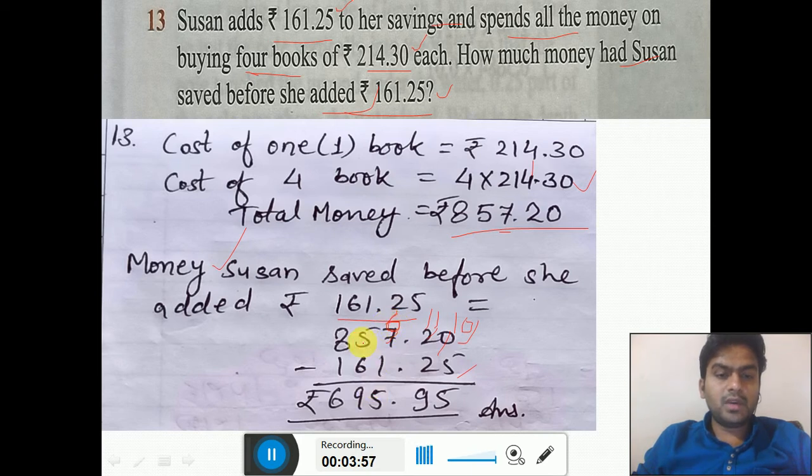Now 5 minus 6 we cannot subtract, so we will borrow one from here, so this number becomes 7 and this number becomes 15. Now 15 minus 6 equals 9 and 7 minus 1 equals 6. So like this we got the answer 695.95 before adding the money 161.25 to her saving.